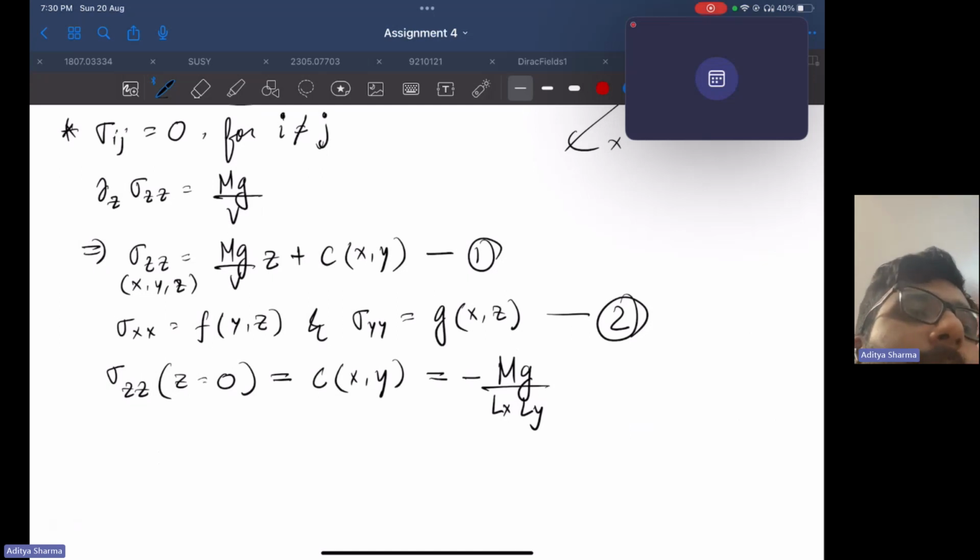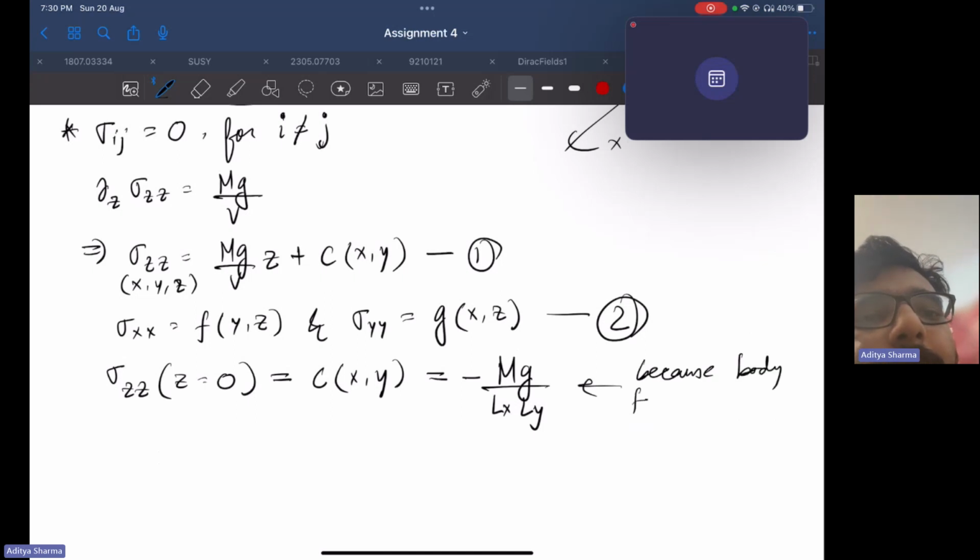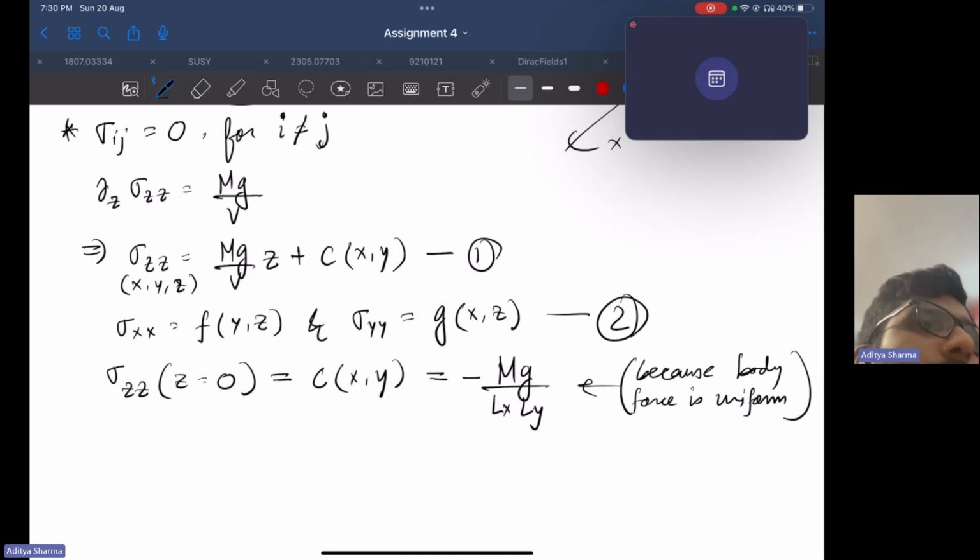We are writing this because the body force is uniform over the material.